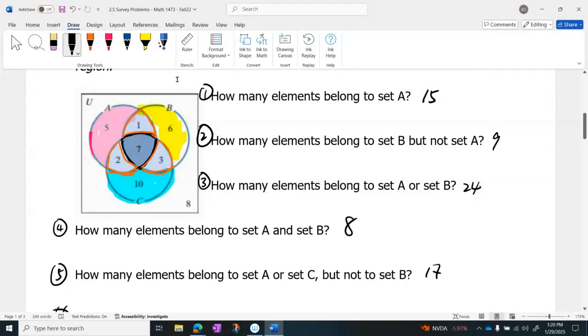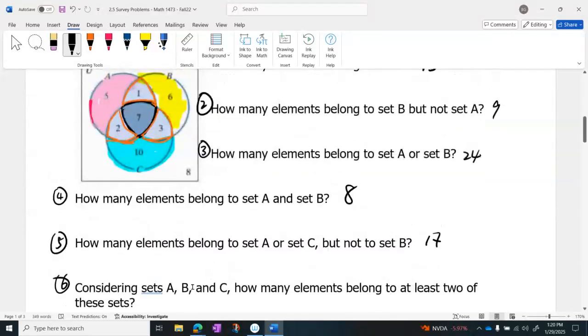The last one, question number 6, is asking, considering sets A, B, C, how many elements belong to at least 2 of these sets? There are different ways to process a problem.